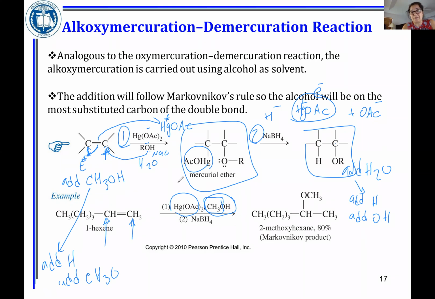Because the addition, based on the catalyst that you are using, is a Markovnikov addition, hydrogen will add to the CH2, and CH3O would add to the second carbon, which is the CH. And that is your final product as ether. Basically, the net result here is formation of the ether, when you have the functional group of ether. So to the alkene, you're adding alcohol, but it's an indirect addition via alkoxymercuration-demercuration, and the product is going to be the Markovnikov product.